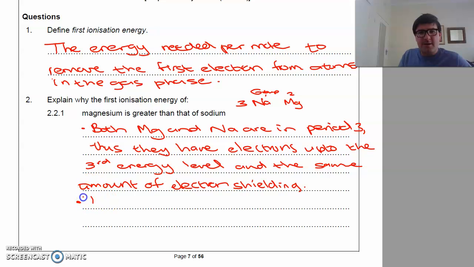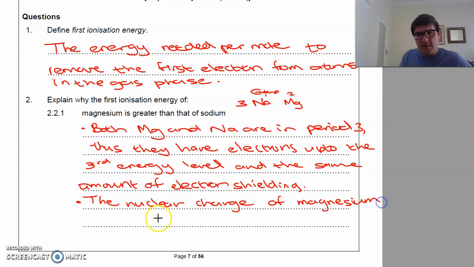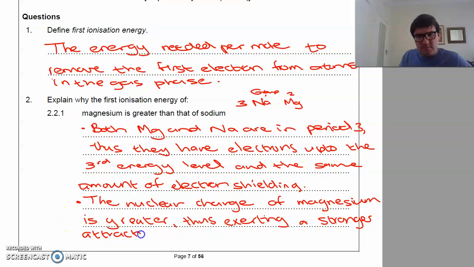What's the difference? The nuclear charge of magnesium is greater, thus exerting a stronger attractive force on the electrons, on the valence electrons specifically.